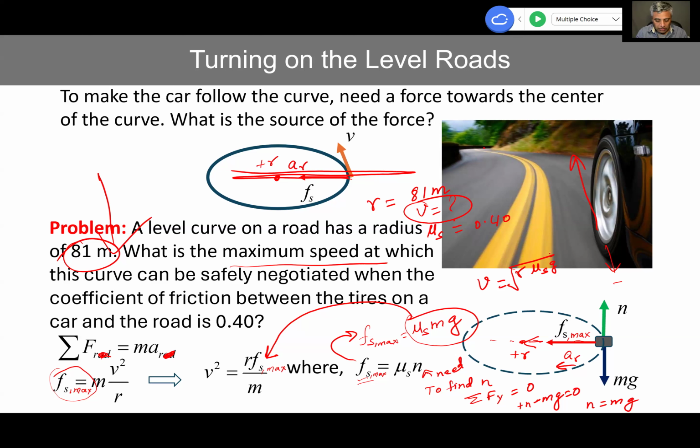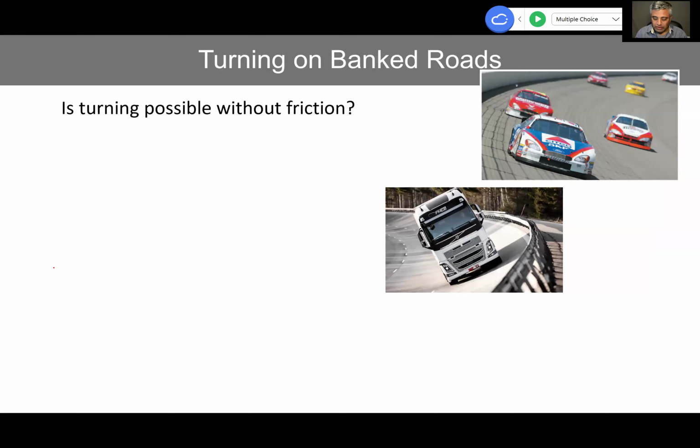Okay, so now let's have a little bit of fun. Sometimes when turning gets really sharp and you want to keep a reasonably high speed, then what you have to do is bank the road, tilt the road.